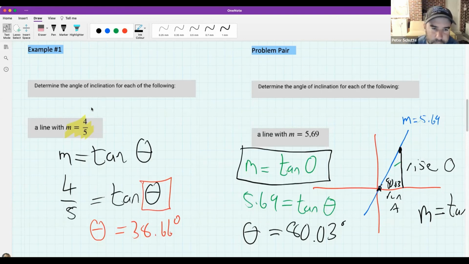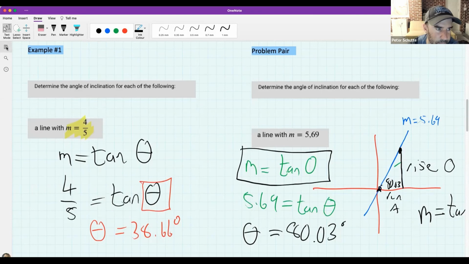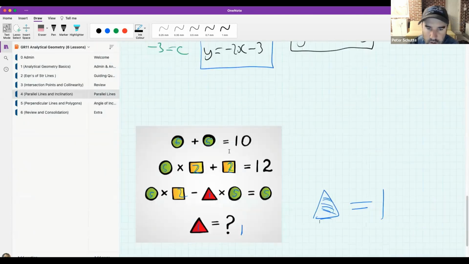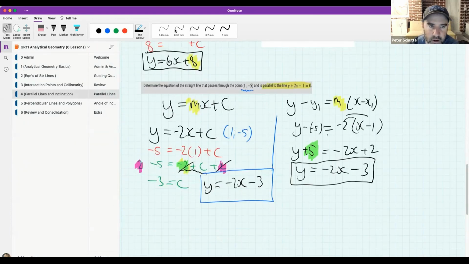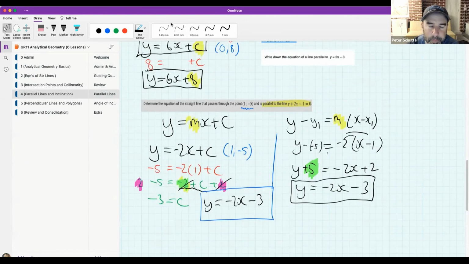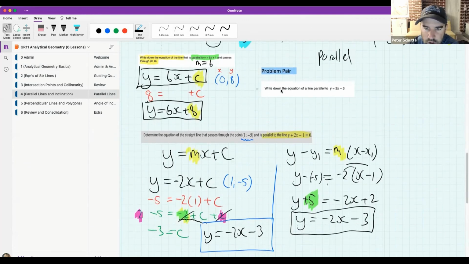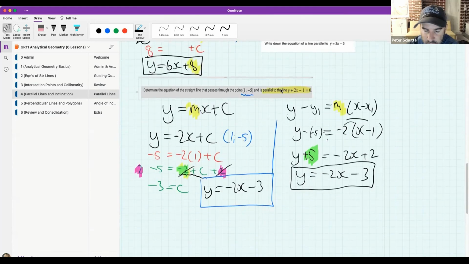Sir, I'm sorry. Can we go back to the parallel lines? Yes, we can. Which part of the parallel lines question? This one, the one in front of you now.